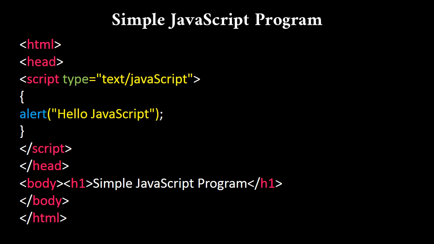What message will you get from this program? Hello JavaScript. So this is a simple program showing how to write JavaScript in HTML by using Notepad, in the HTML code itself.